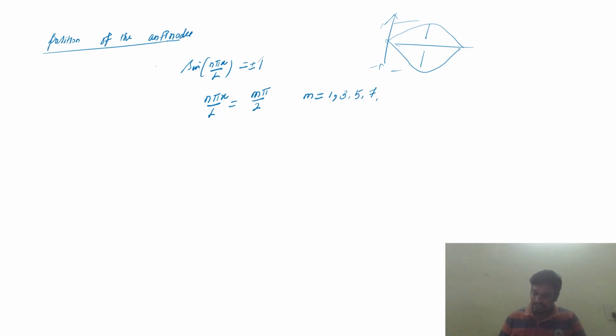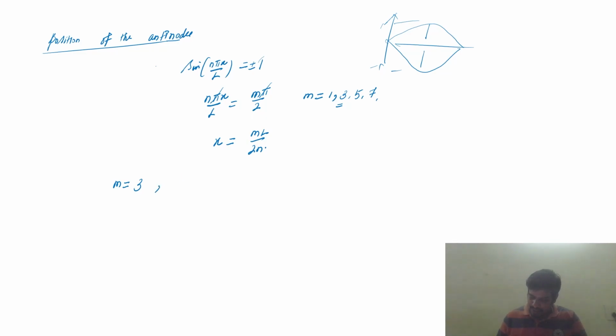Now the position of the antinode we can find: it should be x equal to m l by 2n. Let us take an example. For the second antinode, the m value equal to 3.